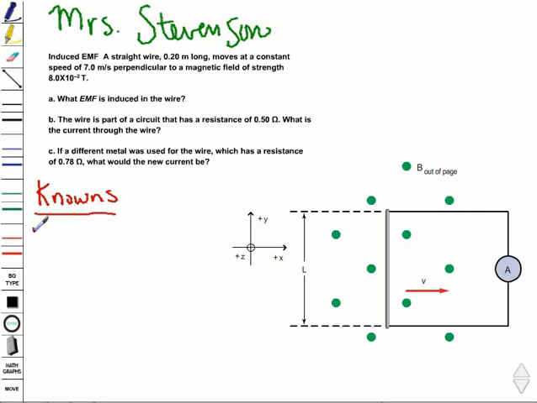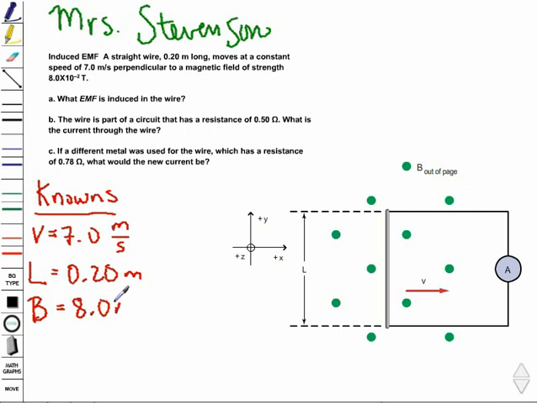We know that the velocity of the piece of wire was 7 meters per second. We know that the length of the wire was 0.20 meters. Our magnetic field strength was 8.0 times 10 to the minus 2 Tesla.